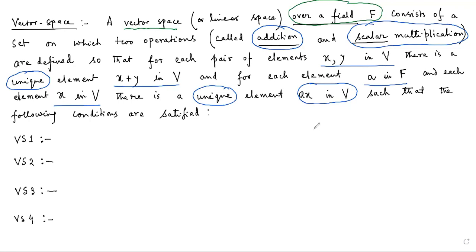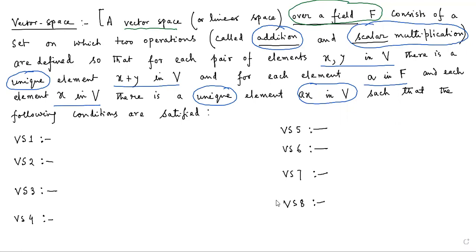I'm writing these properties here, and the other properties are VS5, VS6, VS7, and VS8, the eighth property. One of the students was asking me how a vector space is defined. Now I'm going to define the vector space. This is the paragraph that you have to keep in mind first of all, and each element of the vector space or pairwise, they must satisfy all of these properties if the set needs to be a vector space.